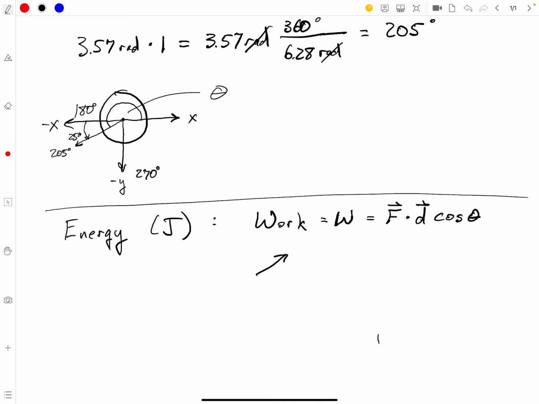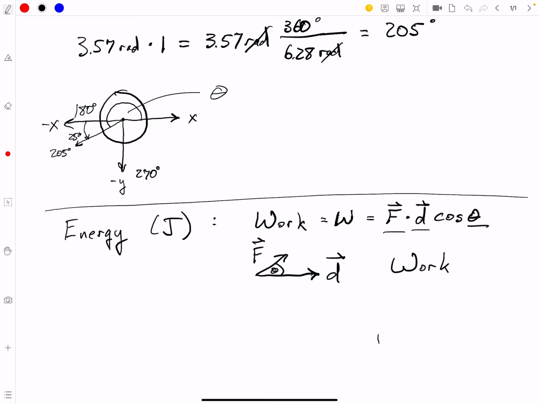So anyone who's had my class before is probably tired of seeing this drawing. This is the one I refer to every time. So the angle between the force and the distance that it's traveling, you take the cosine of it, and then you multiply d and f, the magnitudes, together, and that gives you your work.